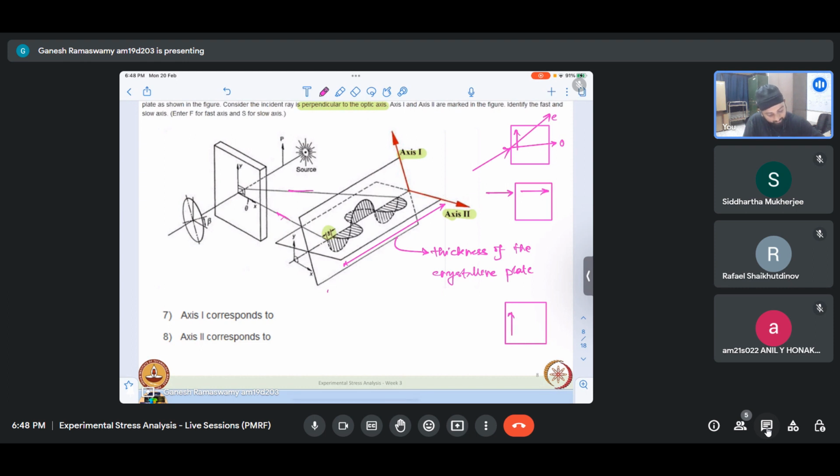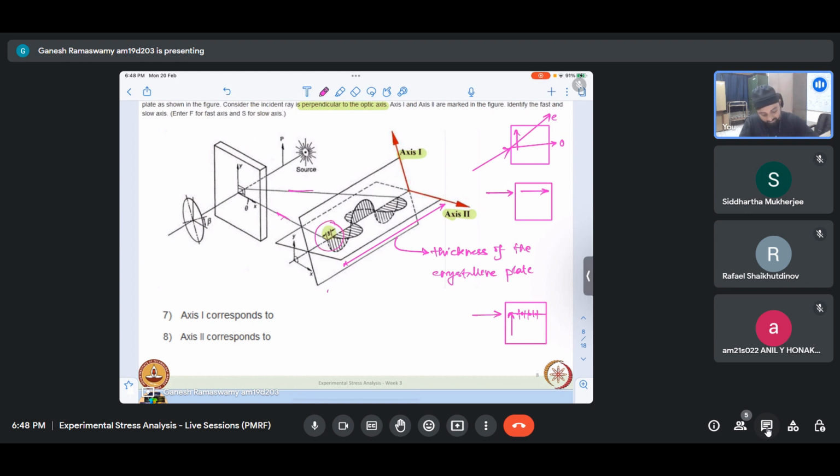So this is the case where the impinging light is perpendicular to the optic axis, where again we will have two plane polarized lights, this one and this second plane polarized light. Both are traveling in the same direction but with a phase lag.